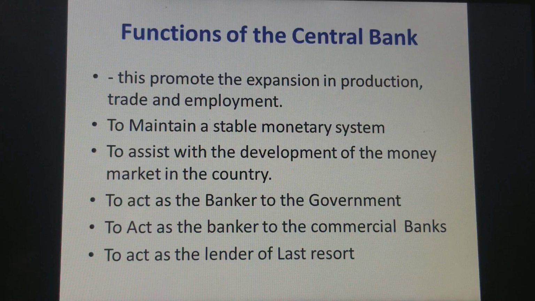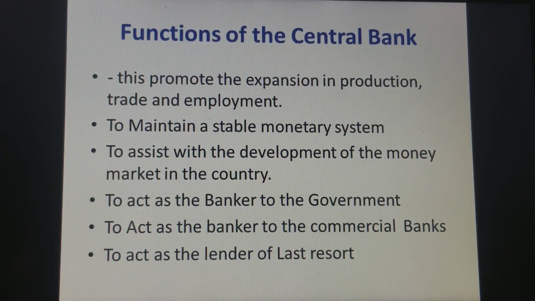To act as a lender of last resort. So where there are challenges that financial institutions are experiencing, in the 1990s there was a problem in Jamaica where many banks went down because they did not have enough resources to take care of their customers.